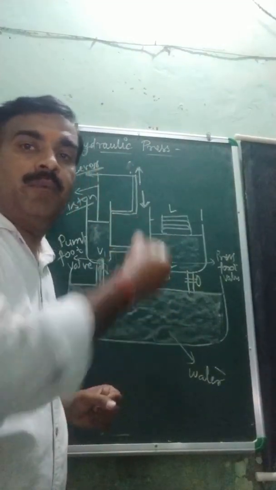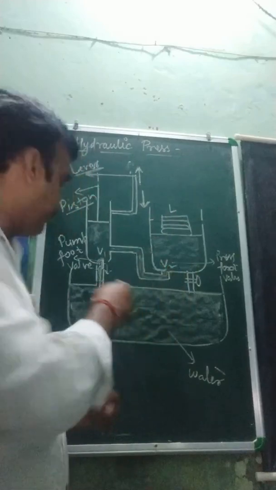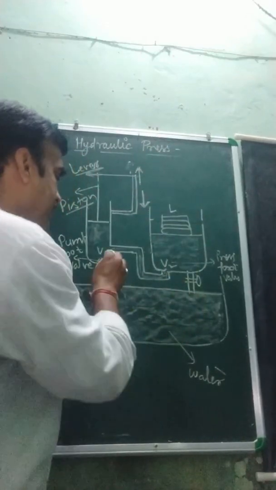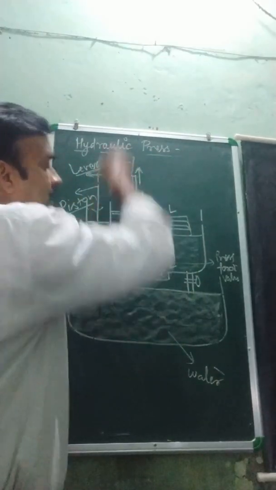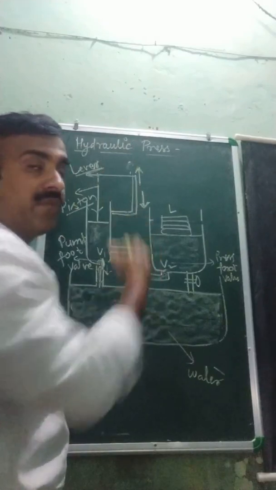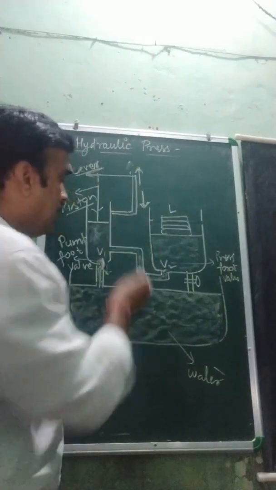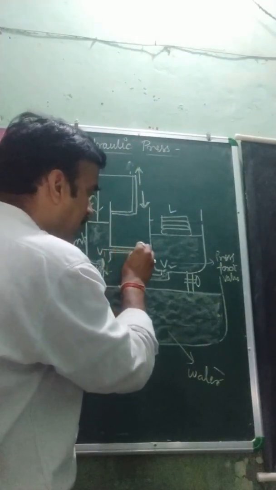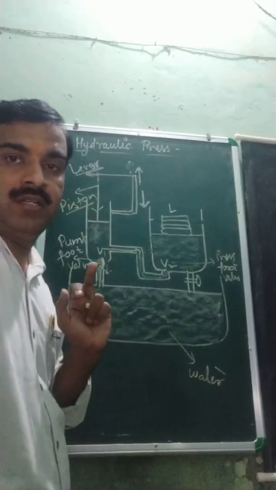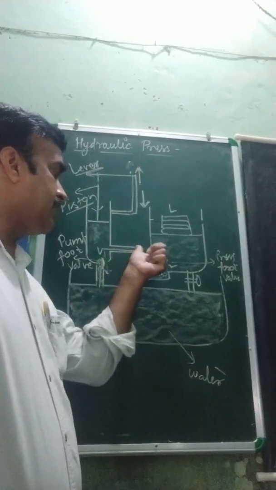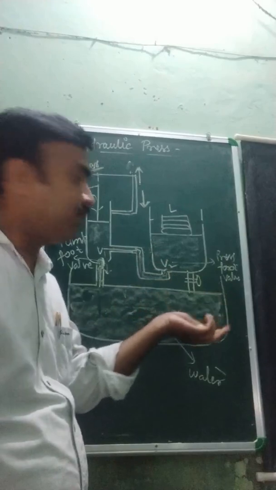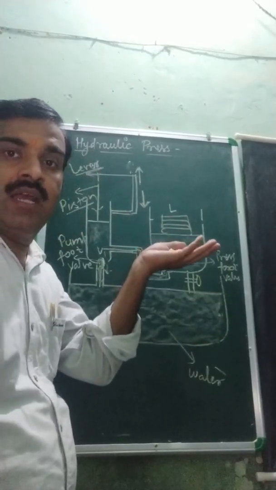Then immediately the piston will move in the downward direction, this ball will close, and once this ball closes, the pressure will transfer here. According to Pascal's law, once the pressure transfers over here, then here the press foot valve will apply the pressure.